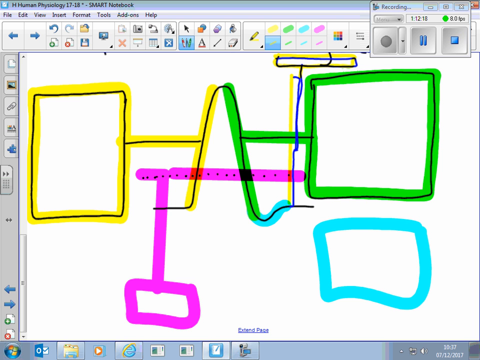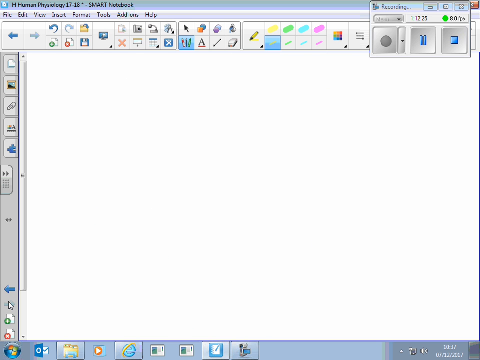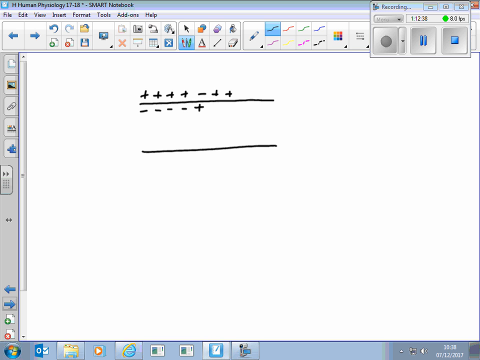The bottom diagram is showing myelinated. So, let's say you've got a non-myelinated neuron. This would be non-myelinated. I'd have to have the same all the way along here.